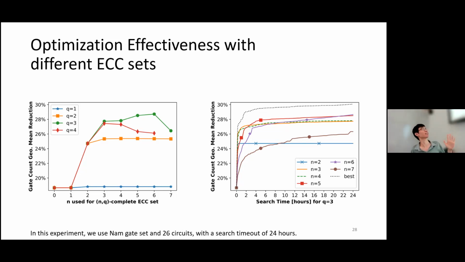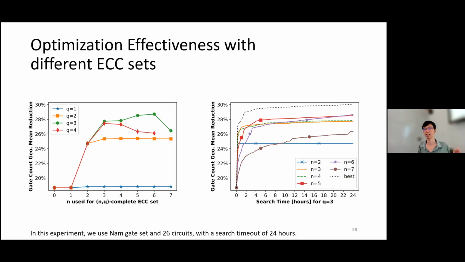Also note that there's a line called best. Among the 26 circuits, we pick the best EC set for each circuit at that hour, and we compute the geometric mean, and we find that it is actually much better than any of them, by about 1%.